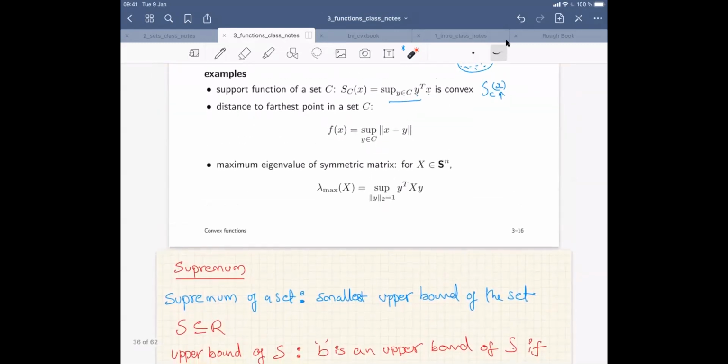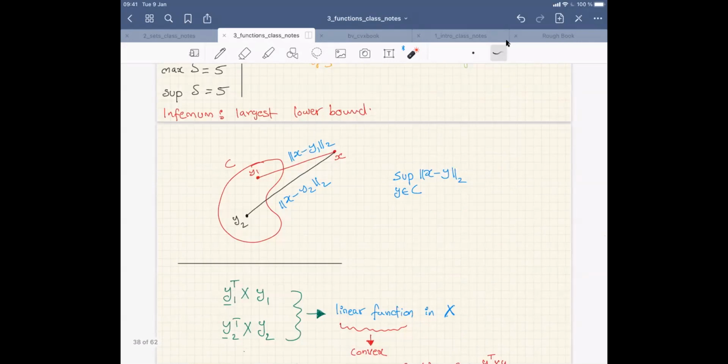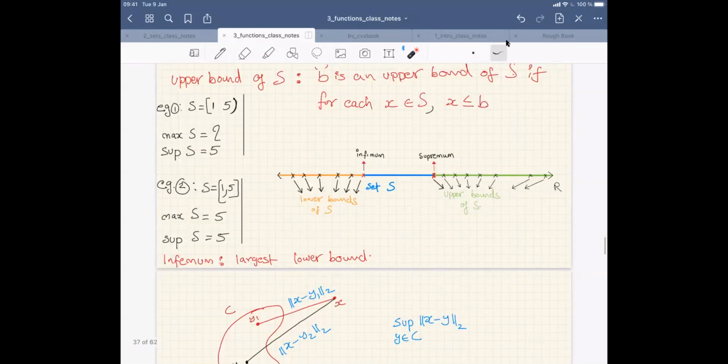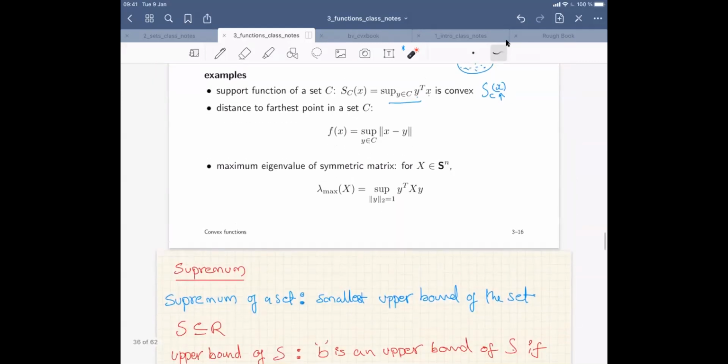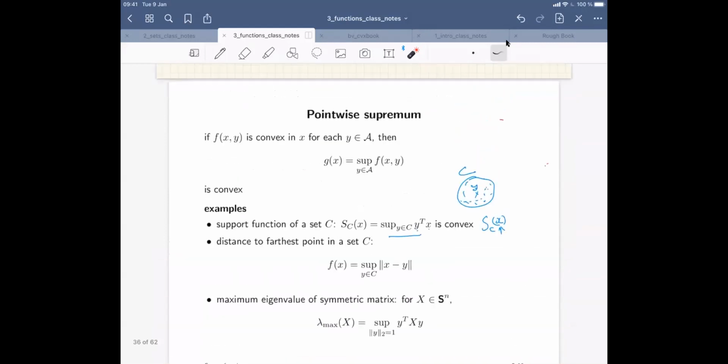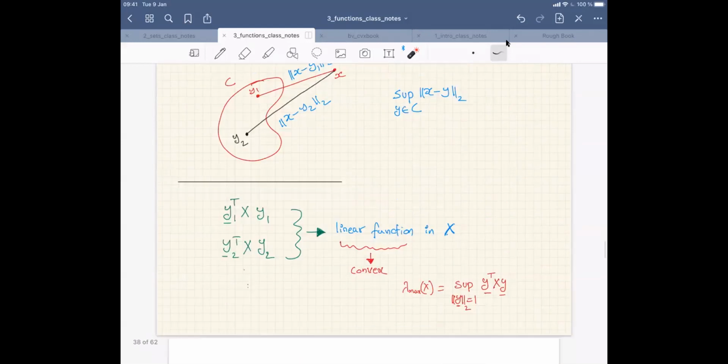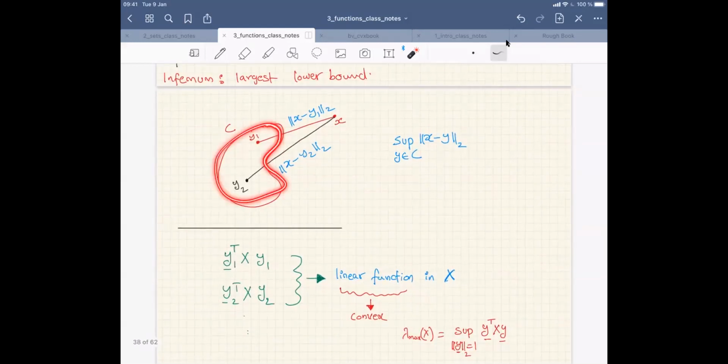I used the Euclidean distance because we are very familiar with it, but this is applicable for any norm. Sometimes if you pick some other norm, we cannot visualize what it is doing, so that's why I explain using the two norm. Another important point is that we do not put any constraint on the set C. Is the set C here convex?